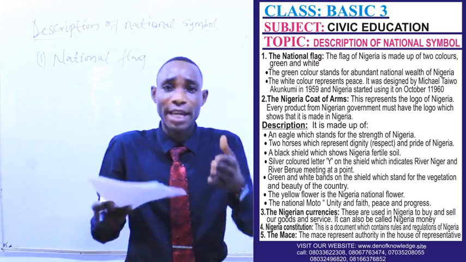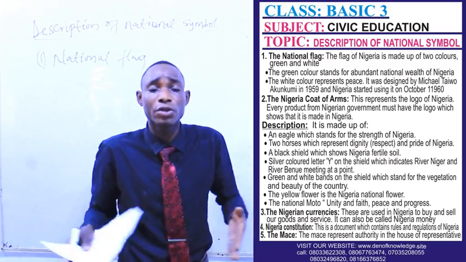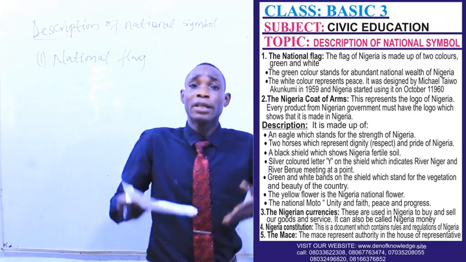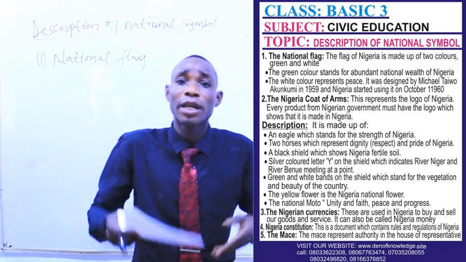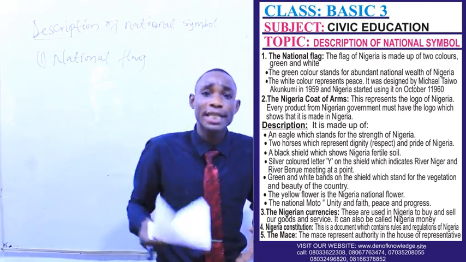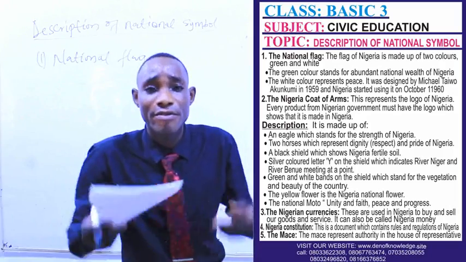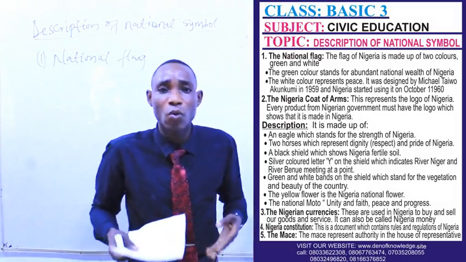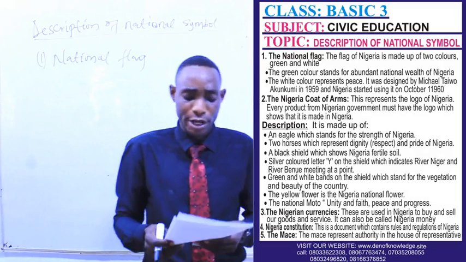You can see that the Nigerian currency is made of different notes: the 1,000 naira note, 500 naira note, 200 naira note, 100 naira note, 50 naira note, 20 naira note, 10 naira note, and 5 naira note. You can use the currency to buy anything you want to buy in Nigeria.